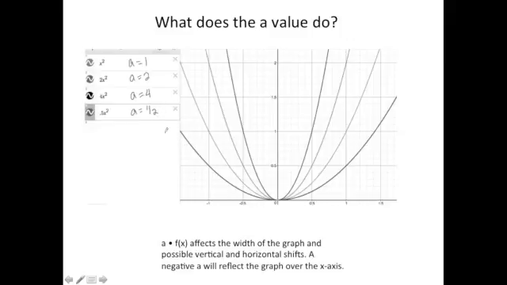Okay, so let me just show you something that is fascinating, in my opinion. I call a the rate of change value. Now, rate of change actually means slope, except for the fact that we are not dealing with linear functions.